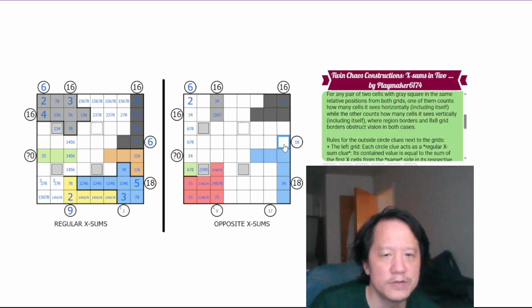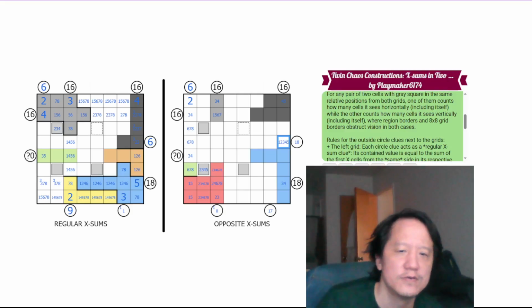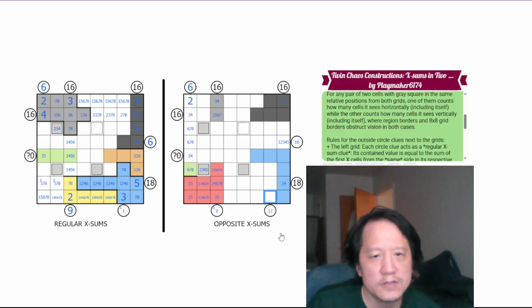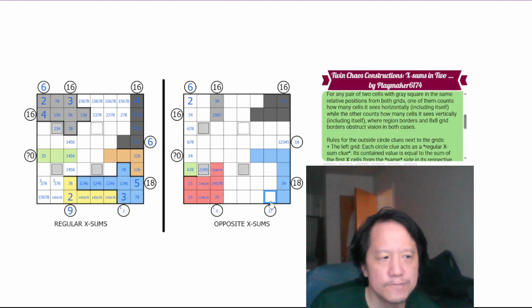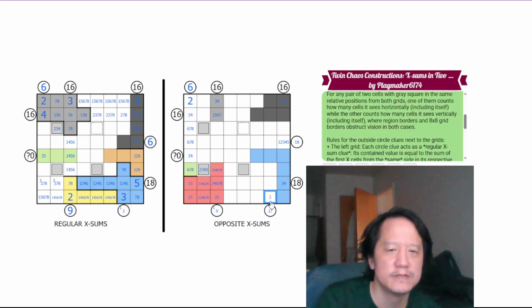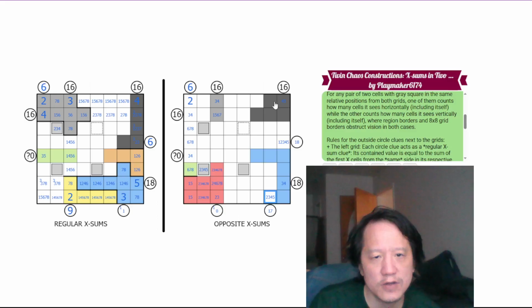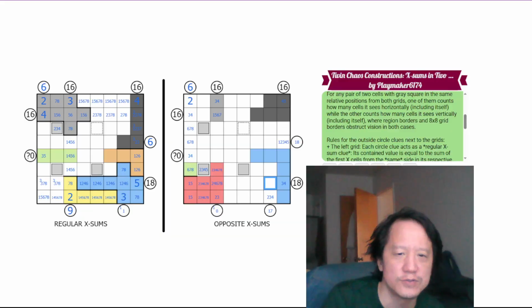No 3 there, so this is 1 through 5. 11 to 17, so it has to have at least 2. 17 could be 5. It's not going to be 5. If it's 5, these are part of the same region. That's too large of a region. So this is 2 through 4 there.